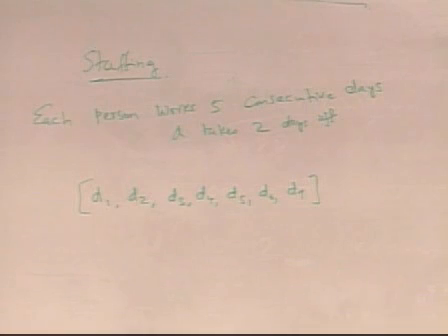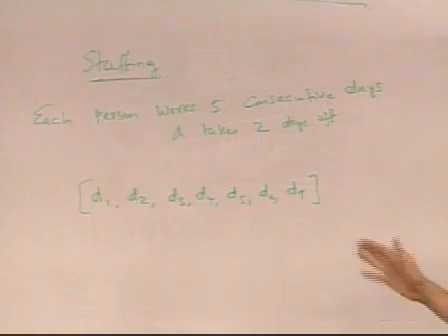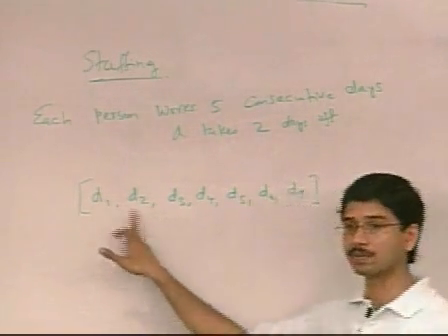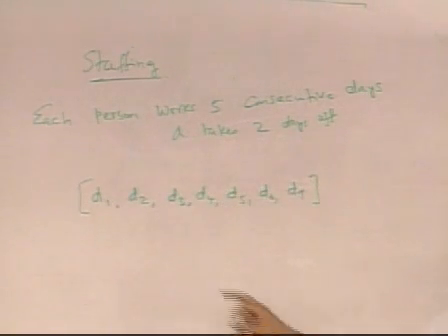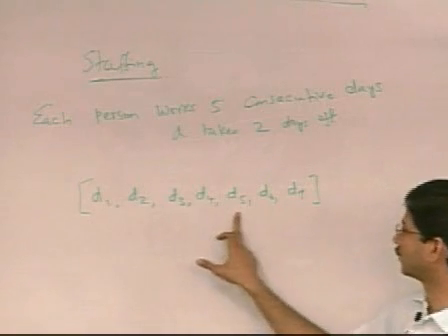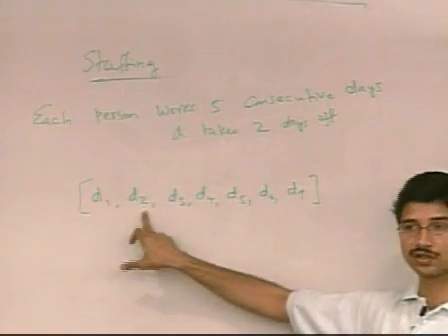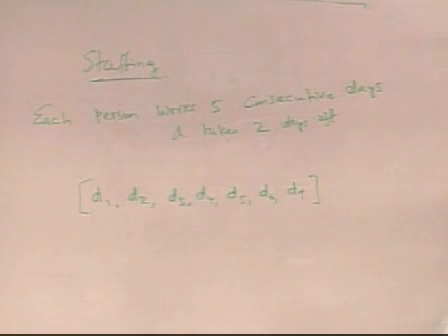So on Mondays you always need D1 people, on Tuesdays you always need D2 people, and so on. Anybody who starts on a Monday works Monday through Friday. Somebody who starts on a Tuesday works Tuesday through Saturday, and so on.